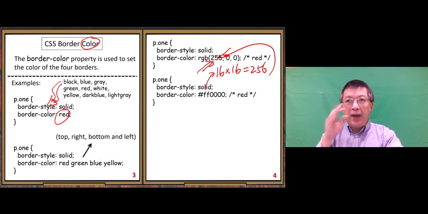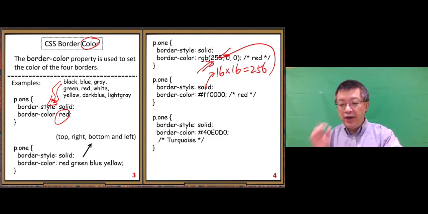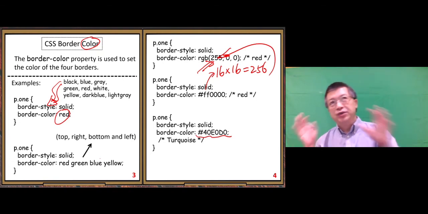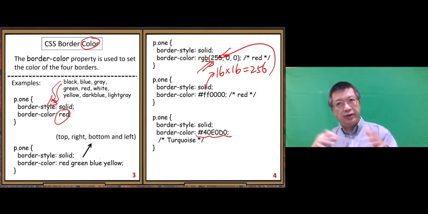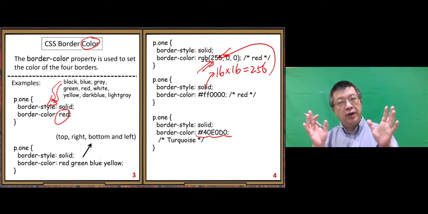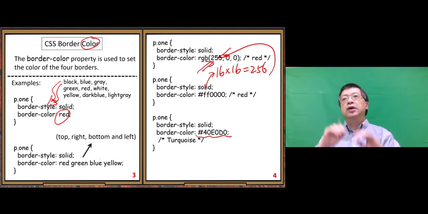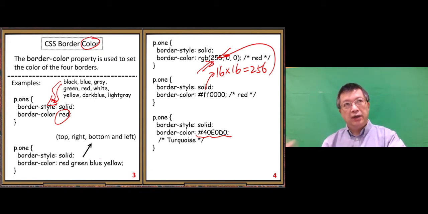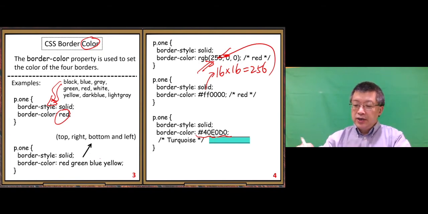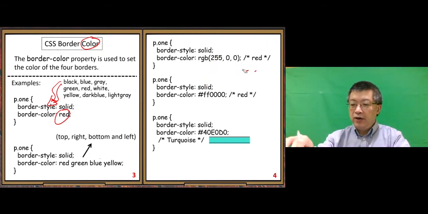Next, let me use another example. Here I just select a random color, but I want to show you the conversion. Okay? I want to show you these two different ways, the conversion, to help you understand how we get different expressions. All right. So the name of this color, I've found one.